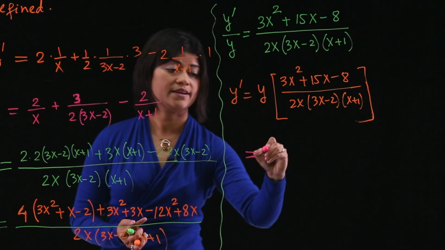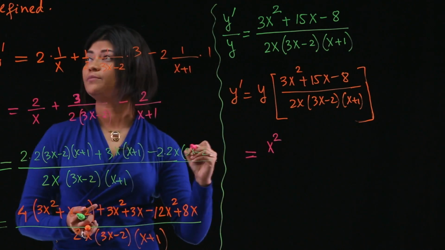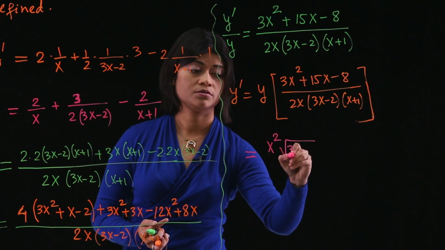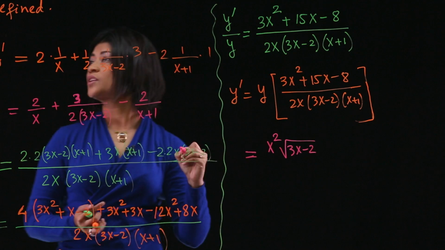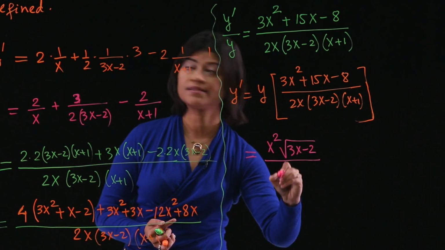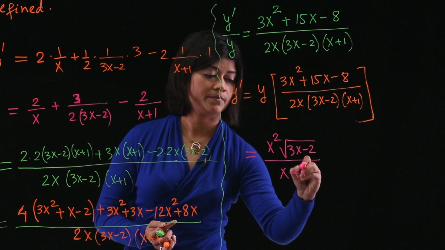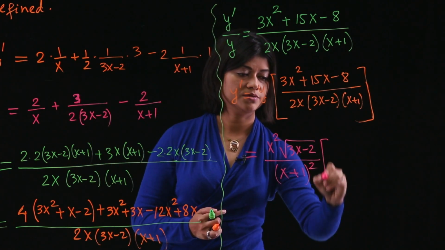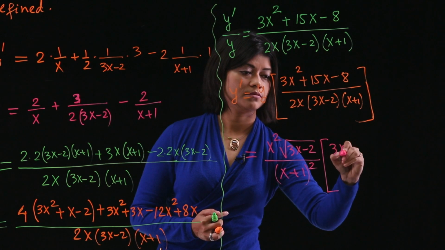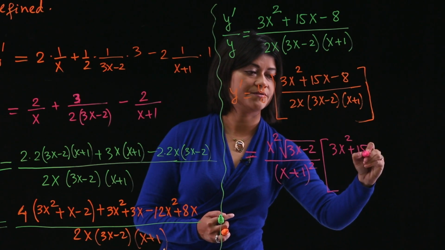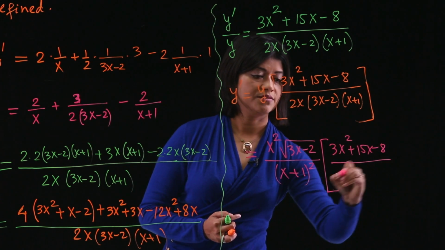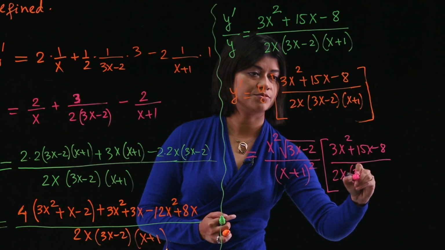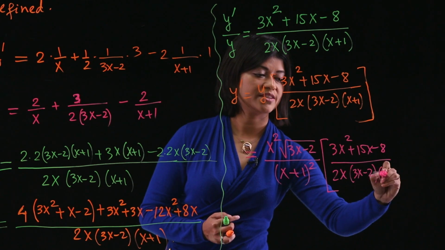Y was x squared times square root 3x minus 2 divided by x plus 1 squared. And that is multiplied to the expression 3x squared plus 15x minus 8 divided by 2x times 3x minus 2 times x plus 1.